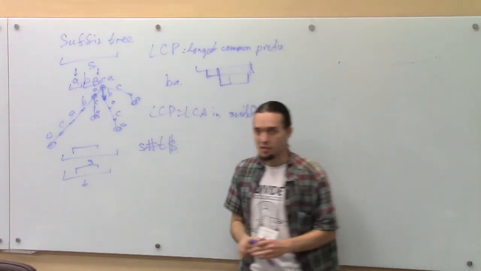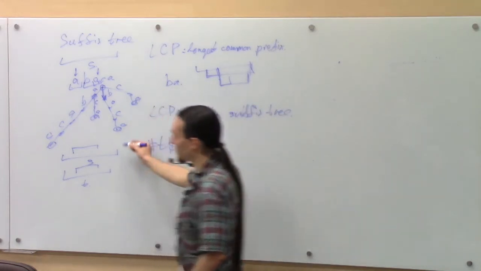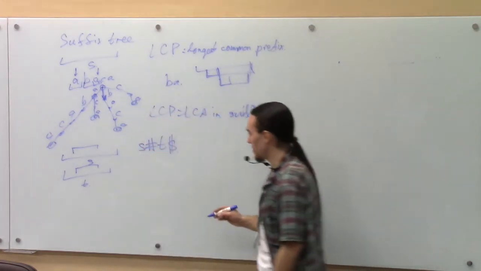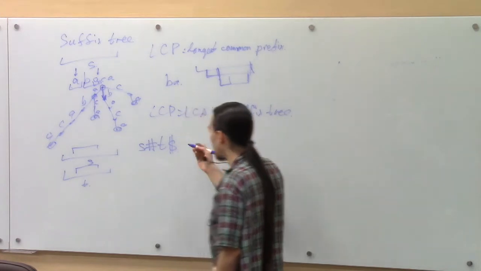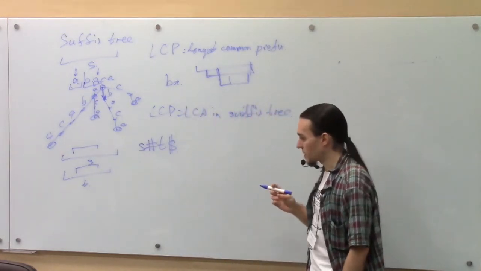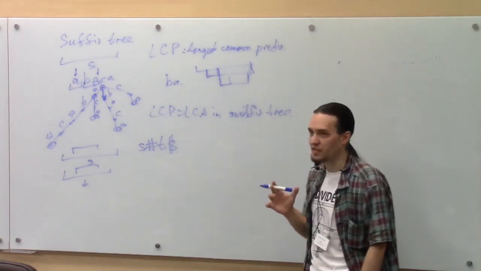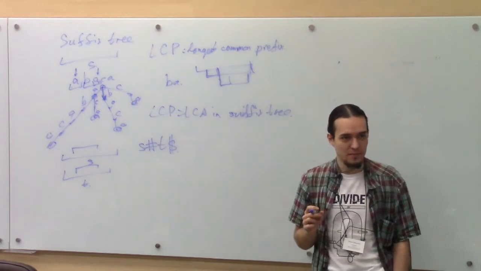So let's build the suffix tree for this one. And if we build a suffix tree for this string, let's try and understand how we can find common substrings in this tree.